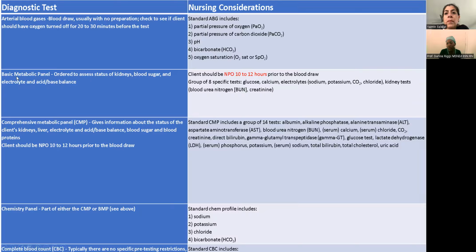Okay, and generally we do want people NPO for these, but sometimes when they come to the ER, they're not always NPO. So we pull them anyway, and then we pull them again later. So with the basic, you're only going to get about 8 specific tests, like with some of the electrolytes, the glucose, but with a comprehensive, not only do you get the 8 specific tests, but you also get the LDH, all the chem panels, the sodium, potassium, chloride, calcium, you get all of that.